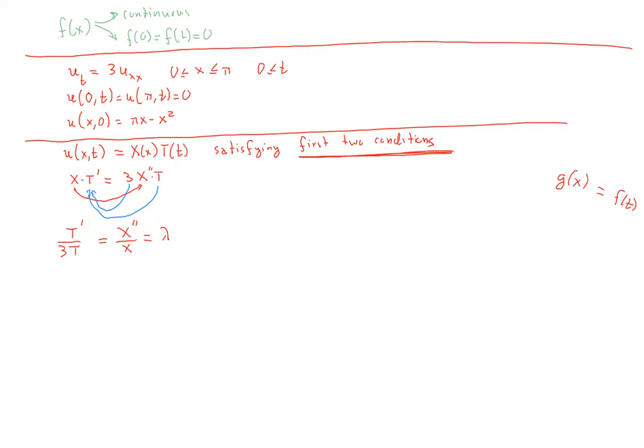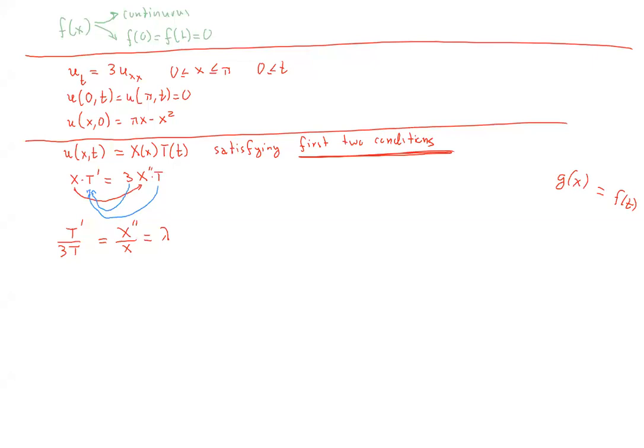If at the end of this whole story you tell me that you have the zero function, I would say big deal. We had that zero function from the get-go. We didn't need to do all this business to come up with that possibility. So I want a non-zero function, and that brings us to creating the eigenvalue problem.